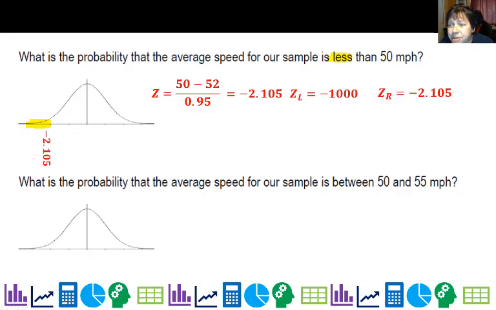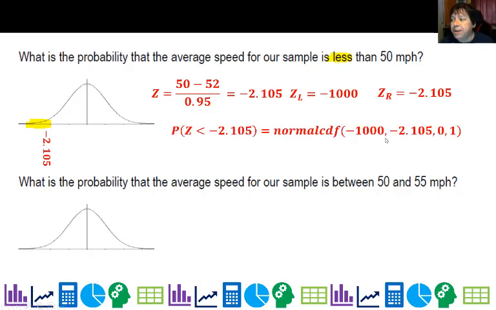And the right boundary is this negative 2.105. So I'm going to do normal CDF, negative 1,000, negative 2.105, with 0 and 1 because I'm using z-scores. And I get 0.0176.